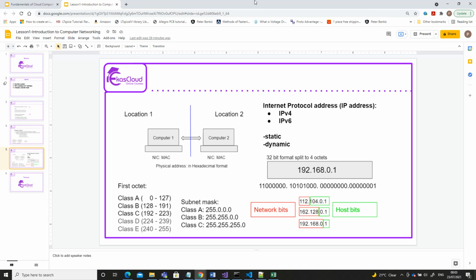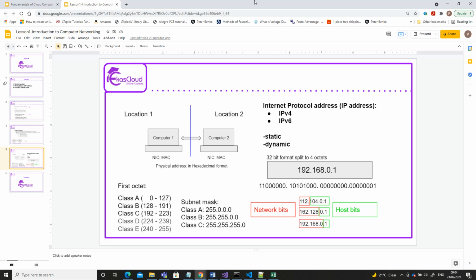So here we can see 192.168.0.1, which is a human readable format, but obviously the computer is able to understand only the binary system.